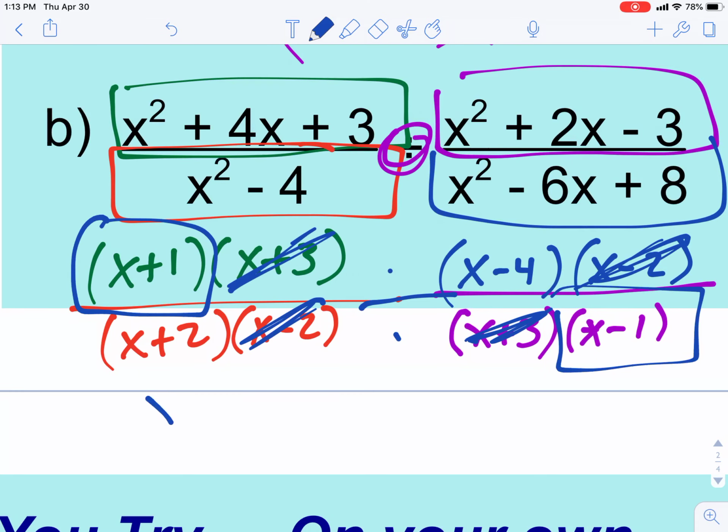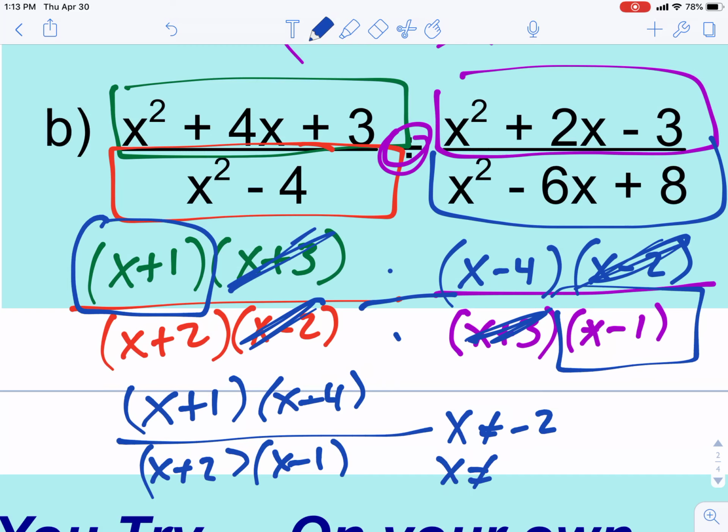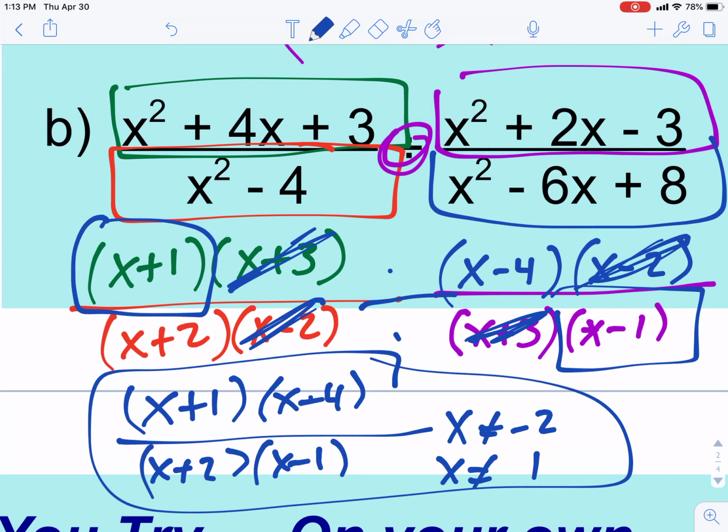So our final answer is x plus 1 times x minus 4 over x plus 2 times x minus 1, with x not being able to be negative 2 and x can't be 1, because those give us a division by 0, which we can't have.